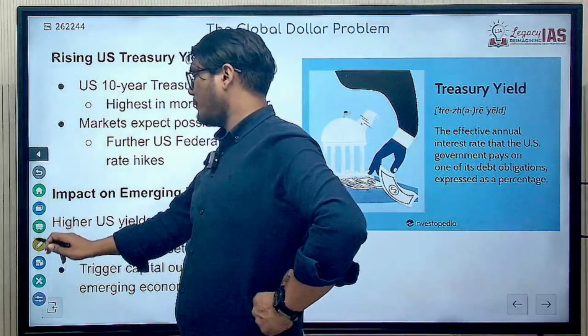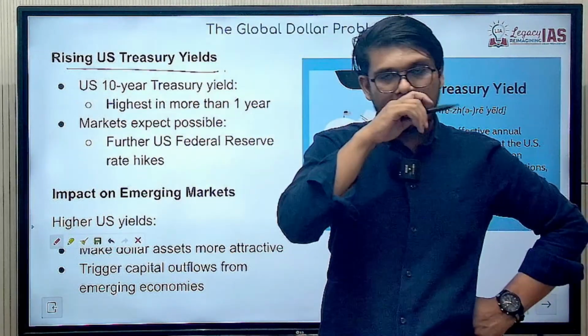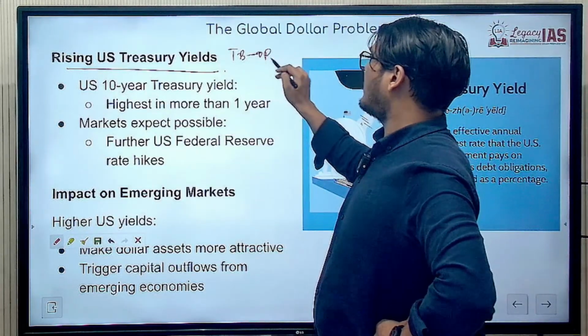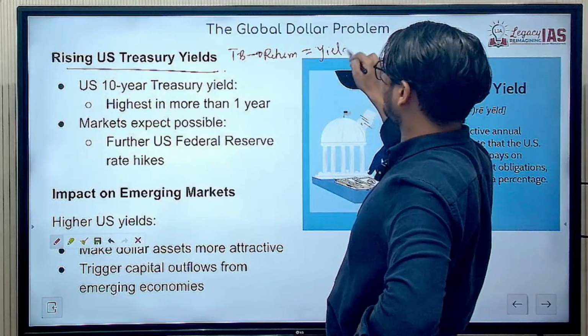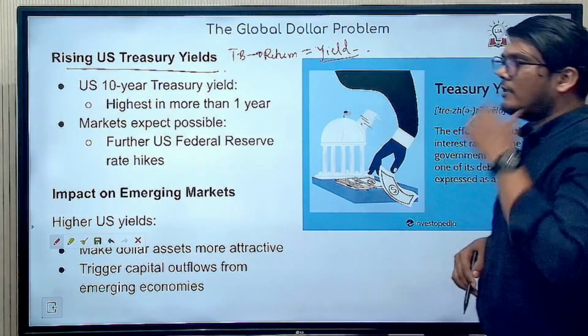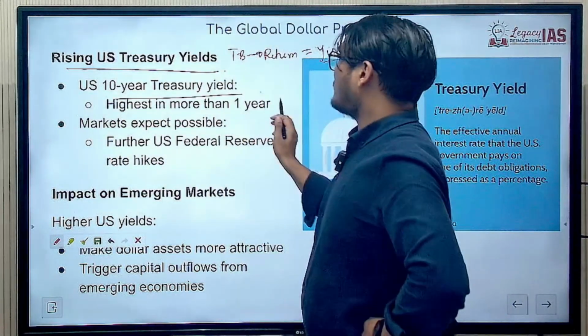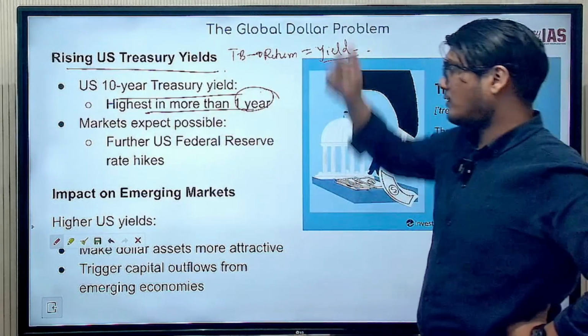So this problem is being faced throughout the world. What is happening is rising US Treasury yields. So treasury bonds that are there, they give you a return, and that return is known as the yield. The US's 10-year treasury yield is the highest in more than 1 year. It has increased.